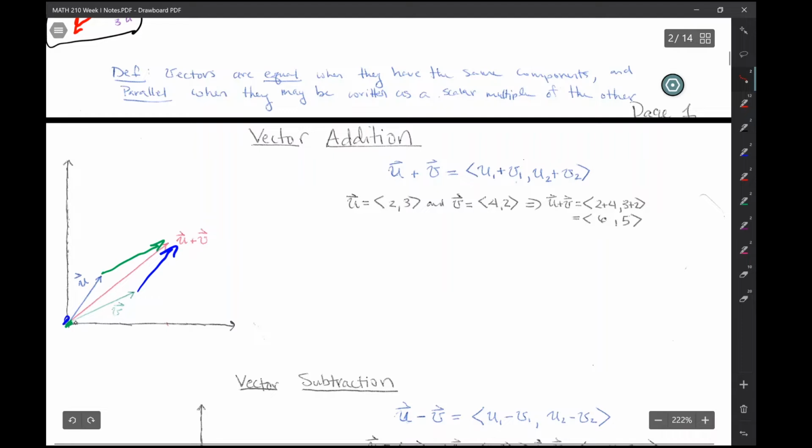You could have taken the tail of v and put it on the head of u, and the vector that you would get when you draw a line from the tail of u now to the head of the green vector is the vector u plus v. So that's the common way that you might have encountered of adding vectors, is drawing them tail to end.